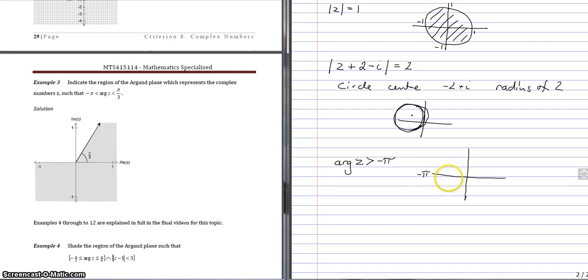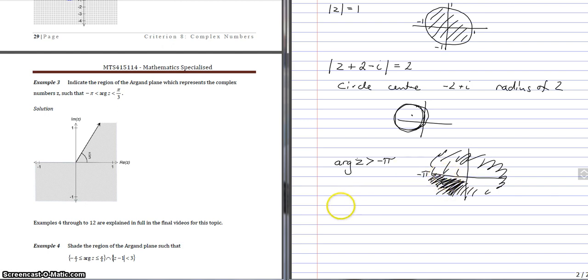But all the angles greater than negative pi means it's going to be all of these here. We'd go all the way around, and we could keep going around, because as we go clockwise, all of this area is going to be shaded because it's all greater than negative pi, but this just happens to be the starting point on this side.